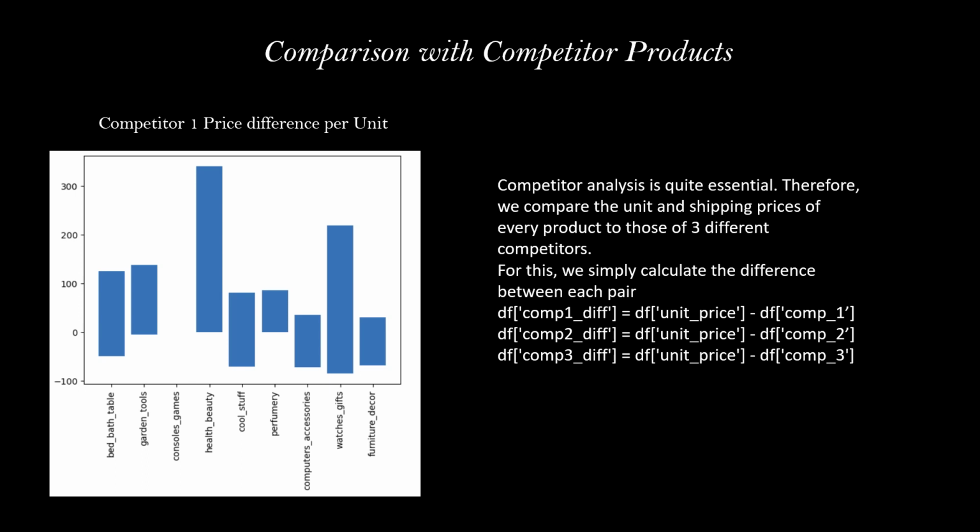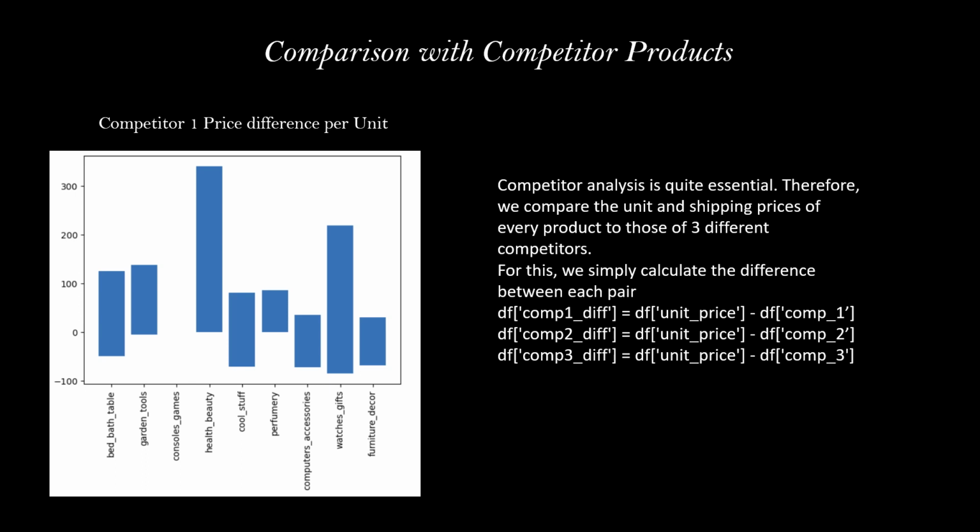Suppose for competitor one, we take the difference between the unit price of the product minus the competitor one price. That gives us the difference between the unit price and the competitor price. Similarly, for competitor 2 we calculate it the same way, unit price minus competitor 2 price, and similarly for competitor 3.